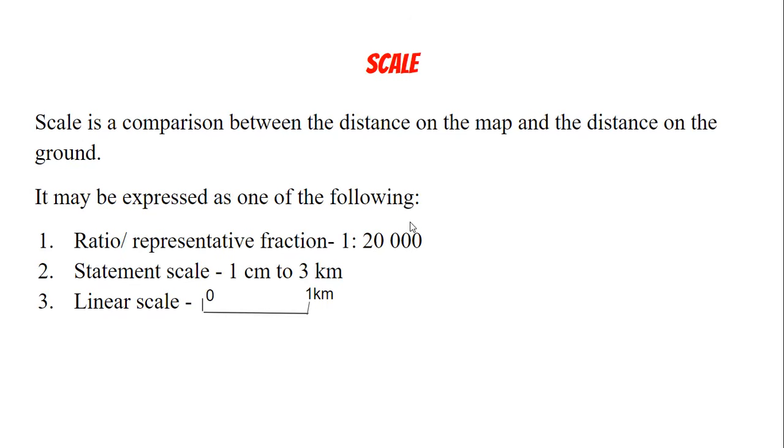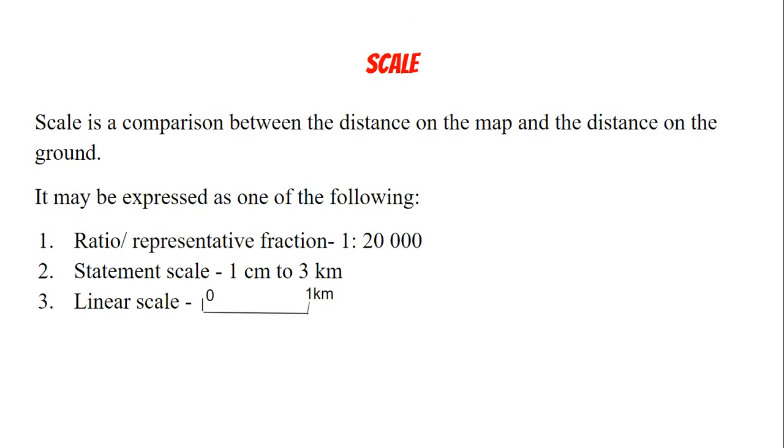If the distance being used on the map is centimeters, what that means is 1 centimeter on the map represents 20,000 centimeters on the actual ground. So it just takes the unit that is being used on the map.